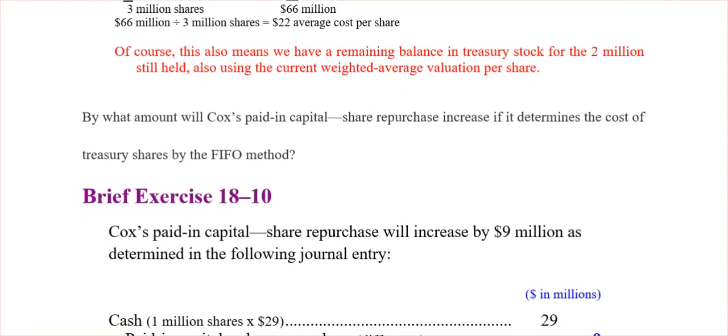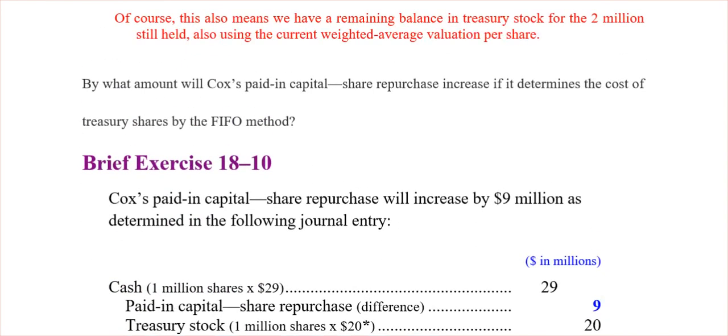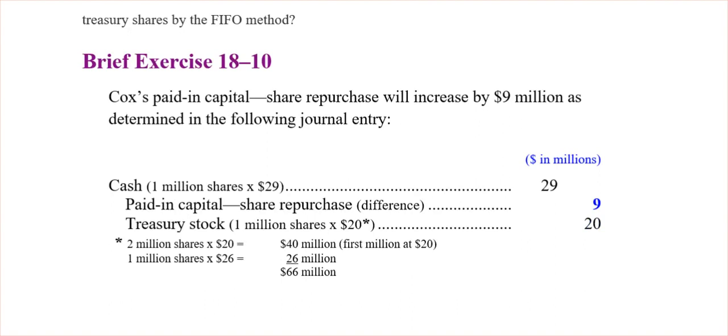Now the next one, what if you did this same problem, but used FIFO? If you used FIFO, you are handling it in batches. FIFO is first in, first out, which means the first group of shares which you're going to send back out are the ones which you purchased at $20 a share.